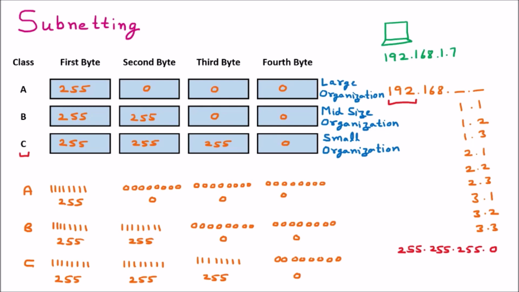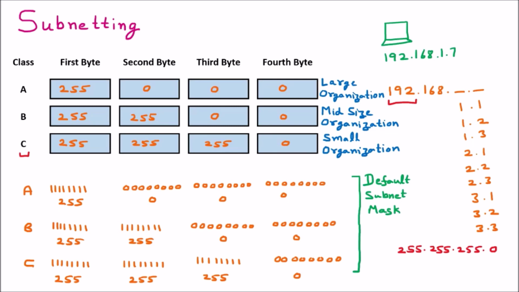Whenever we are dividing the IP into small parts, a subnet mask is required, and the subnet mask, if you take it in binary, will be consecutive ones followed by zeros. So here we have the default subnet masks.